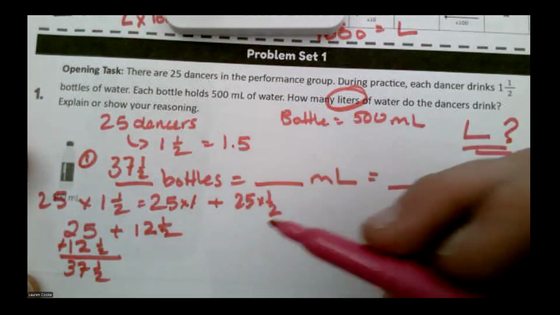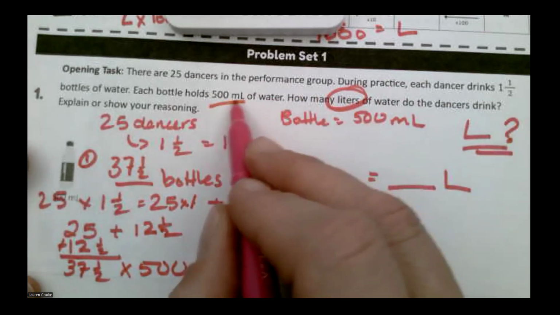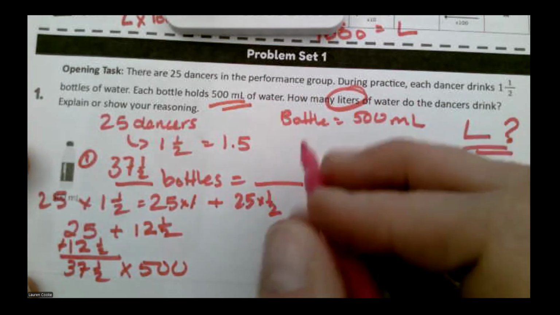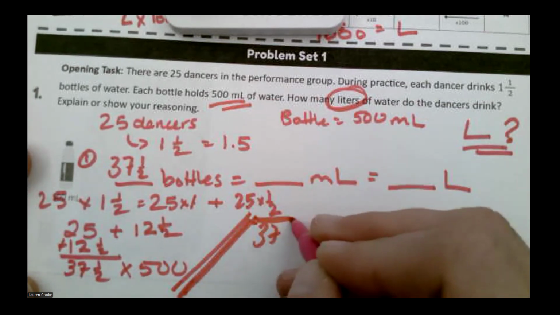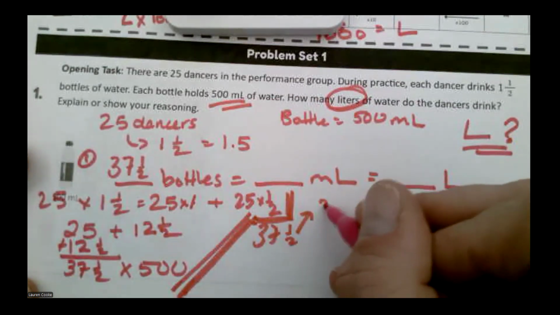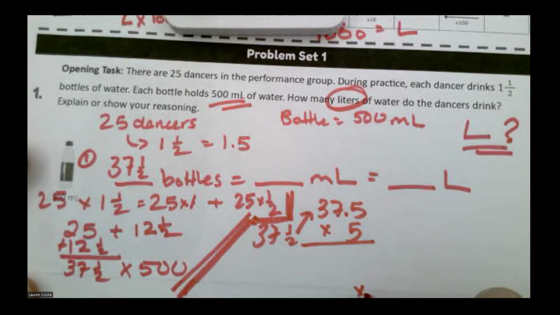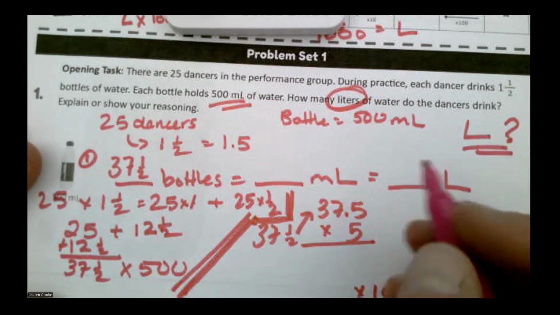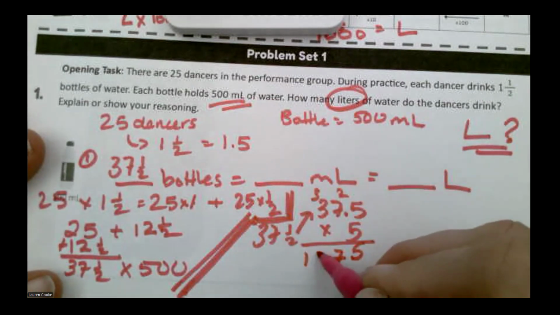Now my 37.5 bottles times 500 each equals the number of milliliters. I'm just blocking this off, 37.5, I'm going to put it into a decimal form now. And then I'm going to multiply it by 5. And then at the end, I'm going to multiply it by 100 because it's easier to do one digit at a time. All right. 5 times 5 is 25, 35, 36, 37, 15, 16, 17, 18.